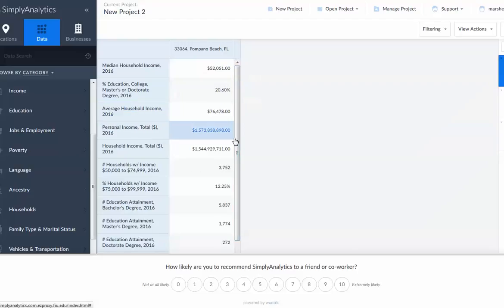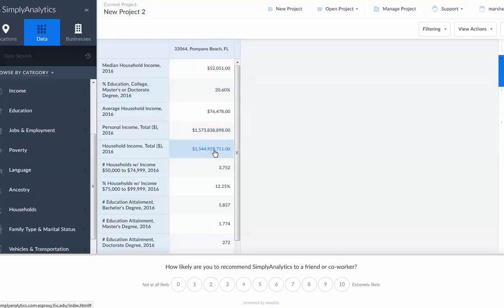I don't think I'm going to use that one. The average household income in 2006. So the median is what's in the middle. The average is when you add them all together and divide by the number, right? You get the average. The total personal income in my neck of the woods is, what is that? Is that $1 billion?